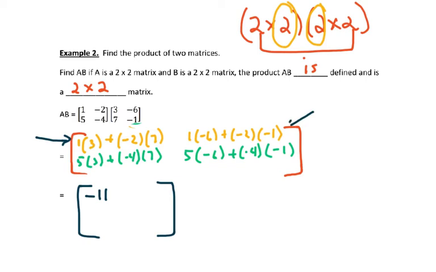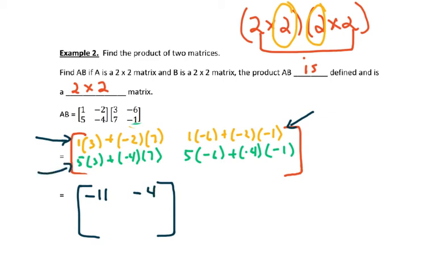Okay, let's go to our second entry, which is right here. We've got 1 times negative 6, which is negative 6, plus negative 2 times negative 1, which is positive 2. And negative 6 plus 2 is going to give us a negative 4. All right, let's come down here to our third entry.